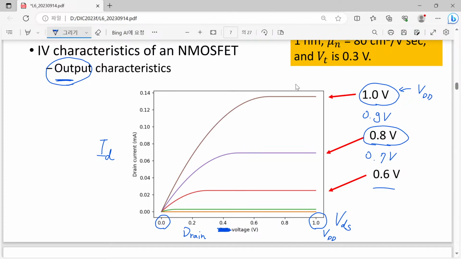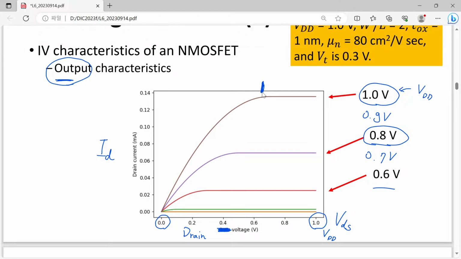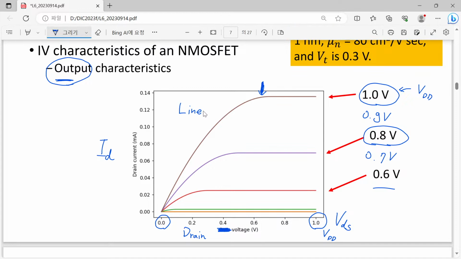Then now you can easily understand this is maybe the knee point for transition. So here you have linear mode, and beyond this value you will have saturation mode. And where can you find the knee in the case of gate voltage of 0.8 volt? Please guess.